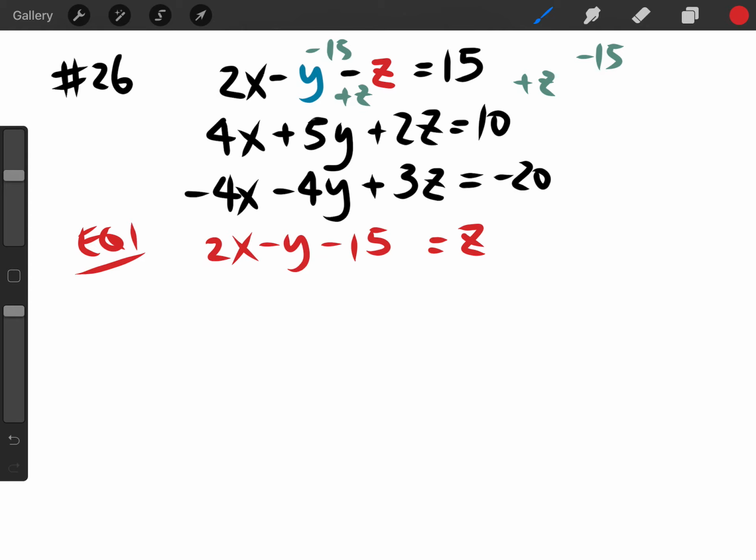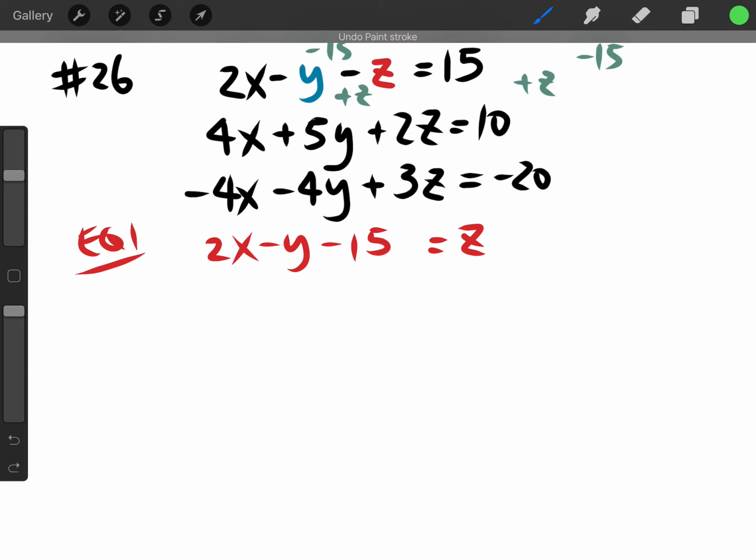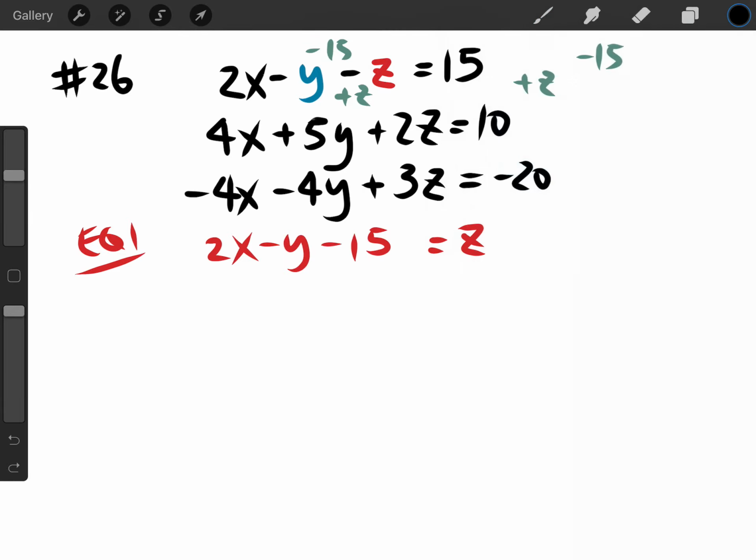Okay, so now I just isolated z. Now let's look at equation number 2. So I'm gonna plug the z into equation number 2. Okay, so how that's gonna look is equation number 2. Later on, this equation number 2 is gonna become my equation letter A. Okay, so I'll just put it like that.